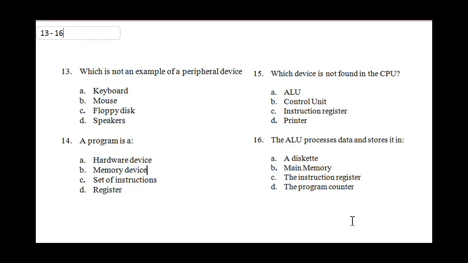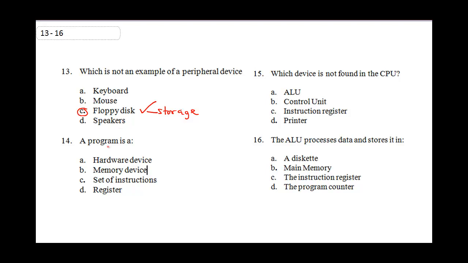Any device that can be detached from the computer and does not stop the computer from running is called a peripheral device. So the keyboard is a peripheral device, the mouse is a peripheral device, and the floppy disk is a storage device, so it's not a peripheral device. So the correct answer is C. Floppy disk is for storage. The speaker can be detached, so it's a peripheral device.